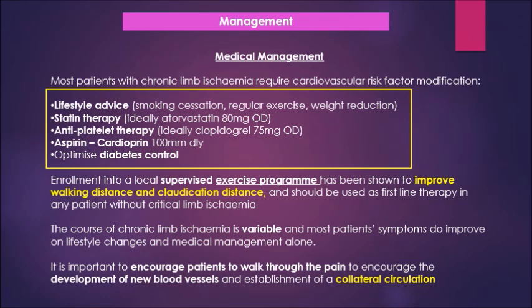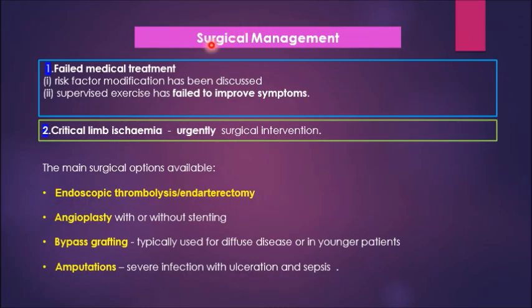Okay, now what are the surgical managements that are available for these patients? First, when do you refer for surgery? When do you consider surgical management? Two main conditions. One is failed medical treatment. When all this controlling of the risk factors and all the conservative measures that you have mentioned just now, and the medications fail, then you have to consider the patient for failed treatment.